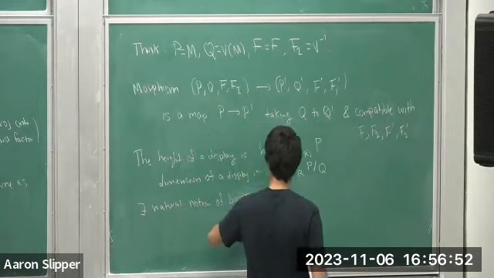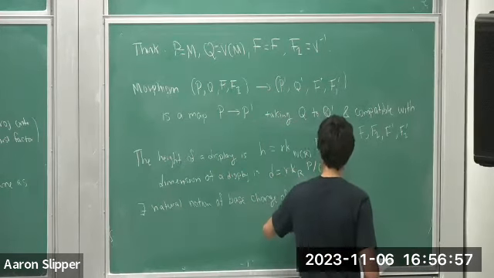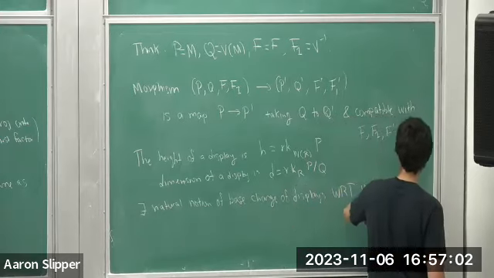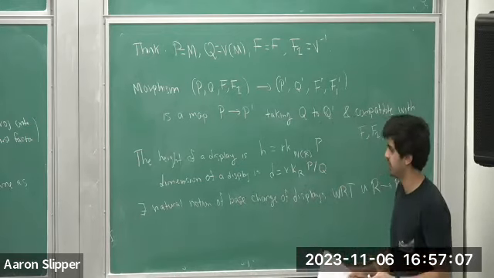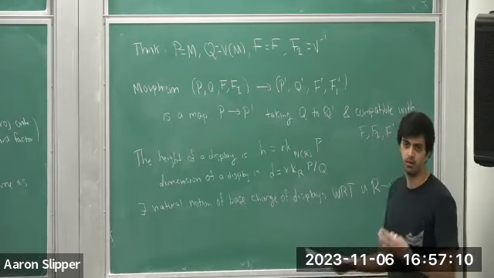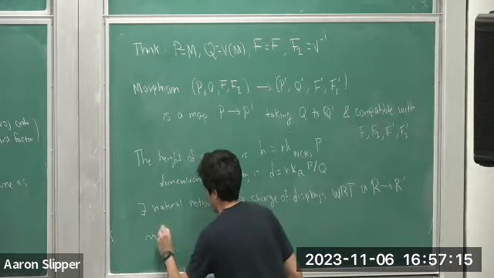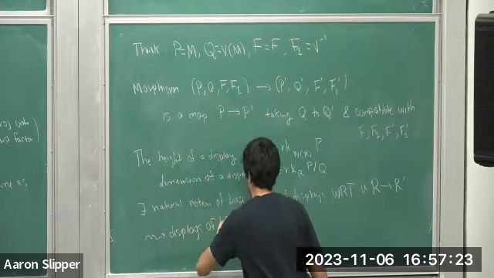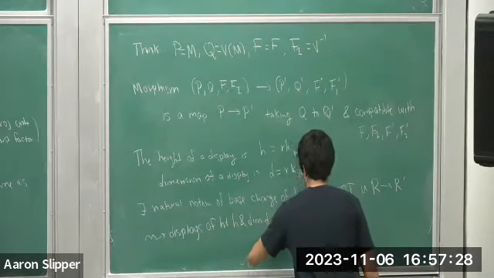And the point of this is just that displays will naturally give you a category fibered in groupoids over p-nilpotent rings.